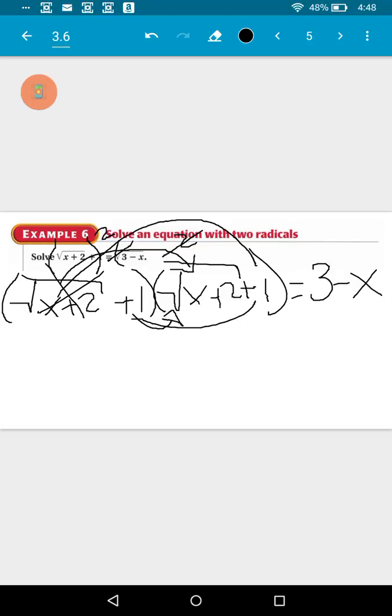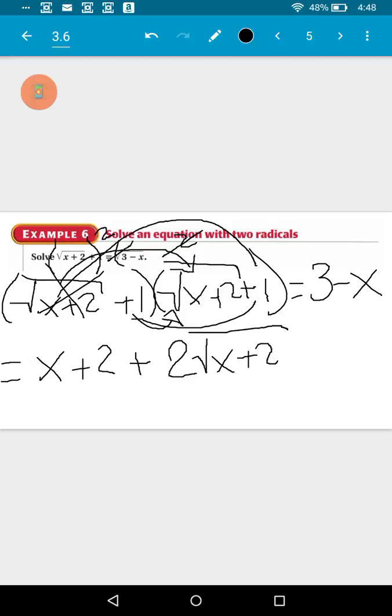Okay, so we have x plus 2 plus, remember, I had 2 of these. 1 times 1 is 1. Okay? I can combine something here.